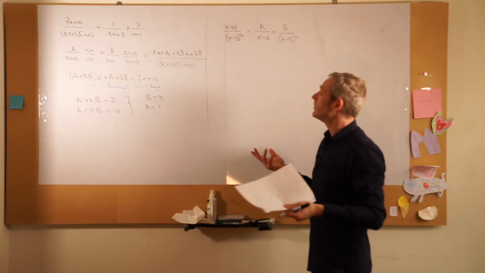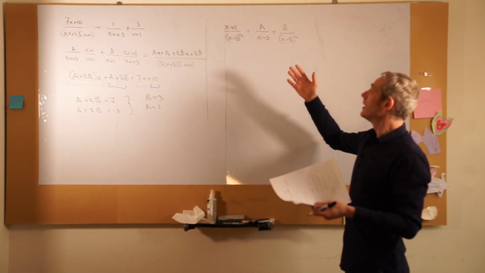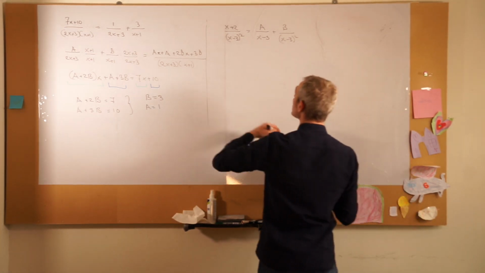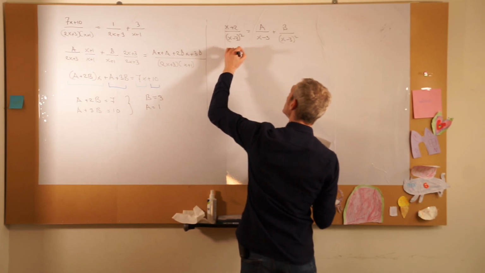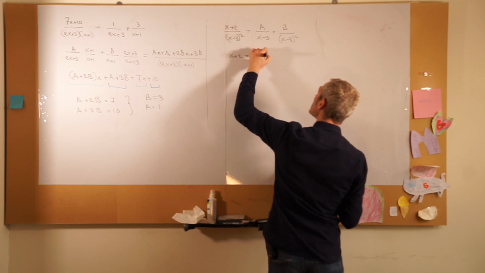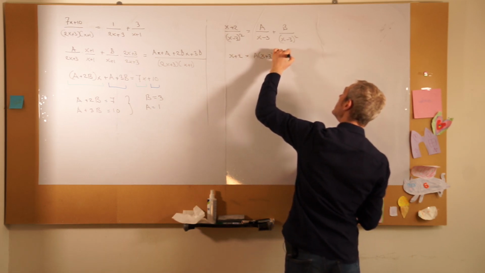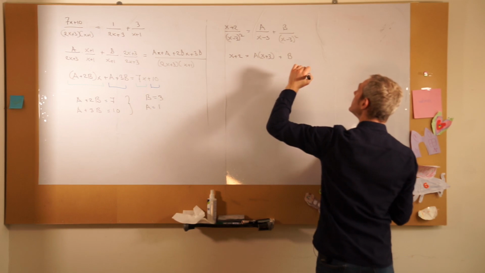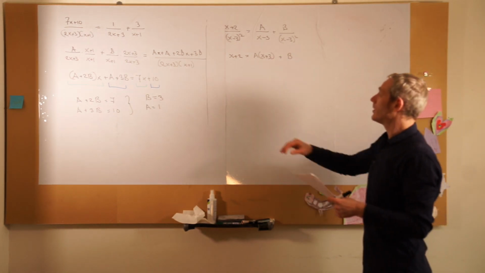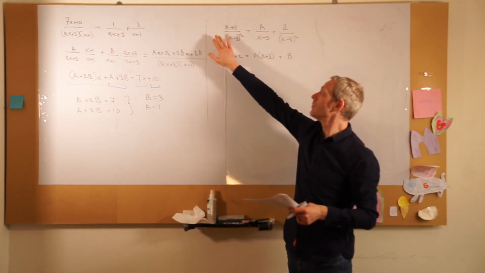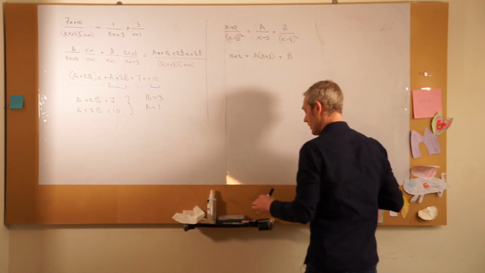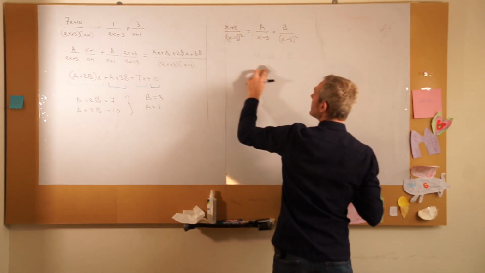All right, well, how do we find this? Well, we can multiply left and right by (x - 3) squared, and then we get x + 2 is equal to a times (x - 3) plus b. So what I've done is I've multiplied the left side by the denominator. Let me just work that out completely.